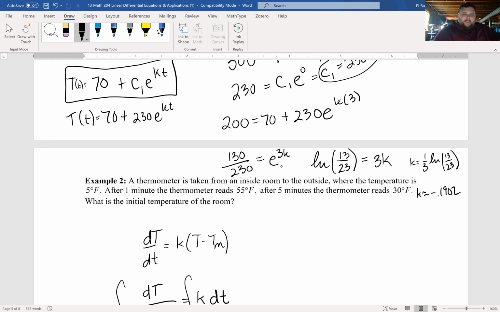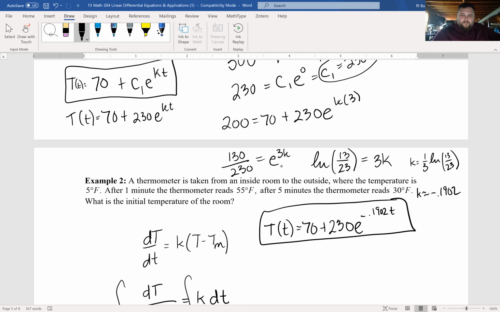So once you have k, you plug it back in. That is your equation for any time t. Now the last part of the problem said, what time is it okay to eat? Well, let's just assume that the majority of us are happy to eat cake at 90 degrees Fahrenheit.